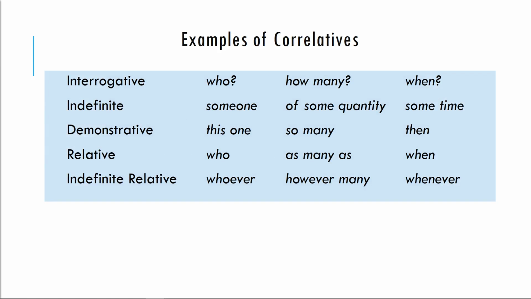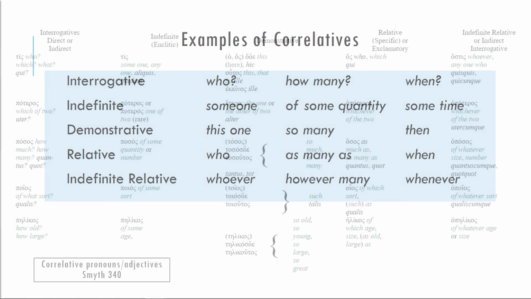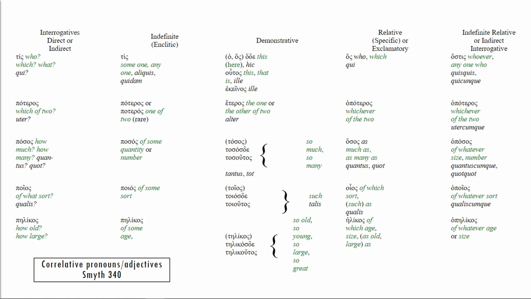So we have the question word, the interrogative word who; the indefinite, which is someone; the definite or demonstrative, which is this one; the relative who; and the indefinite relative whoever. So we get this for time: when, sometime, then, when, whenever. We get this for quantity: how many, some quantity, so many as, however many. And so there are lists of correlatives in Smyth, and this is an example of correlative pronouns and adjectives.